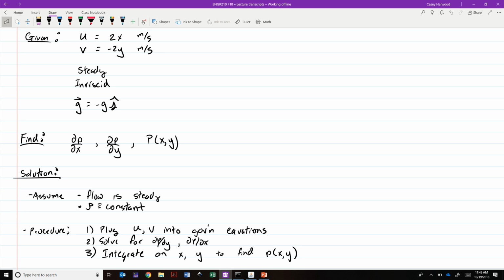So I've got u is equal to 2x, v is equal to negative 2y, so du dx then is 2 1 per second. dv dx is equal to 0. du dy is equal to 0. dv dy is equal to negative 2 1 per second.